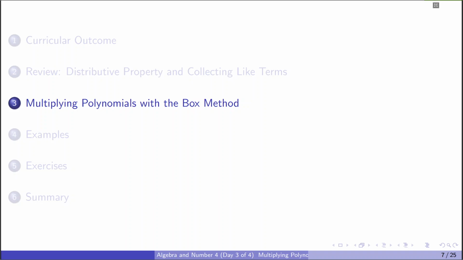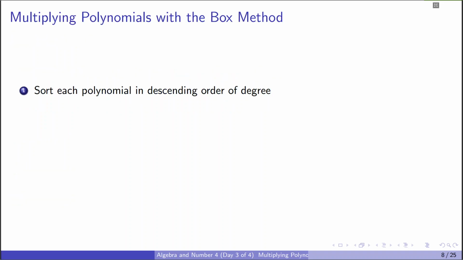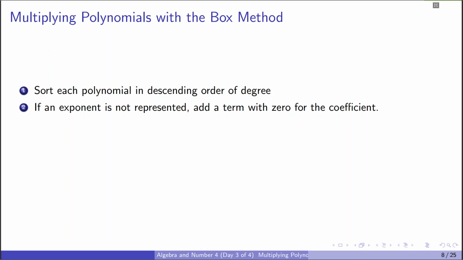So how do we multiply them with the box method? Well, we sort each polynomial in descending order of degree. If an exponent is not represented, so if you jump from x to the 5th down to x squared, then you don't have x cubed or x to the 4th. Add a term with a 0 for that coefficient.